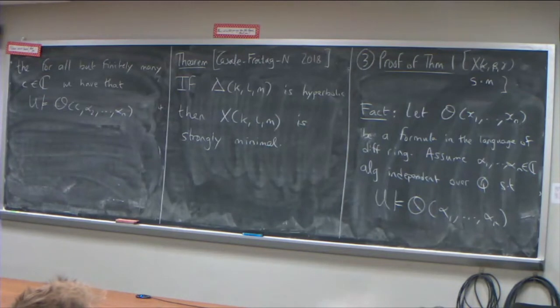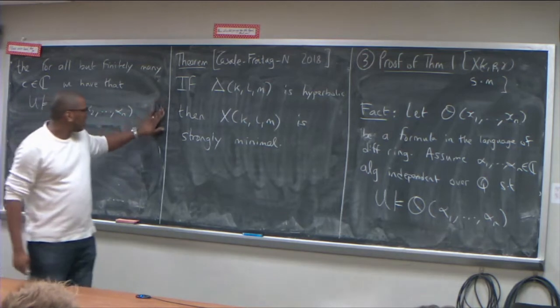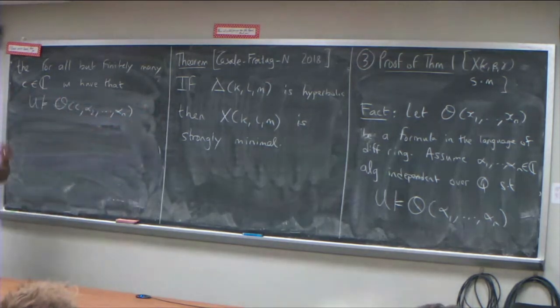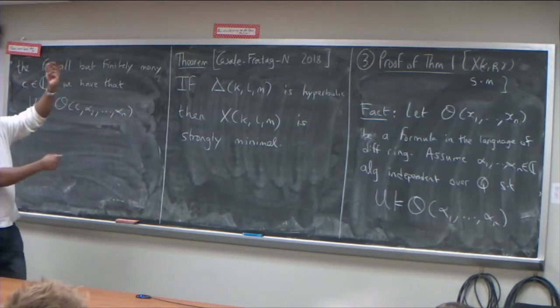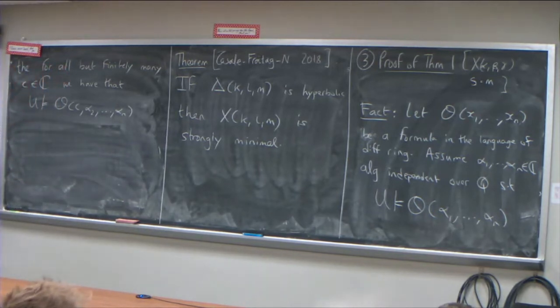So that statement about the constants will be true for all but finitely many constants in C. Okay, and so this is the key descent argument. You can start with a generic constant, and you'll be able to move that parameter in quite a large set of parameters. Okay, and so let me talk about how the idea of the proof goes.